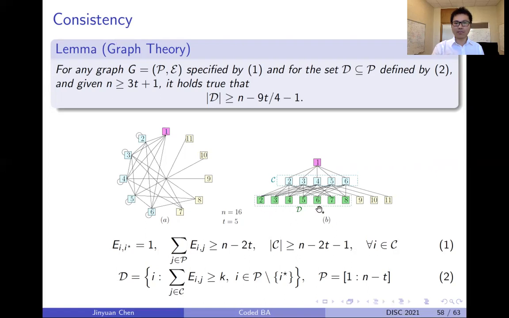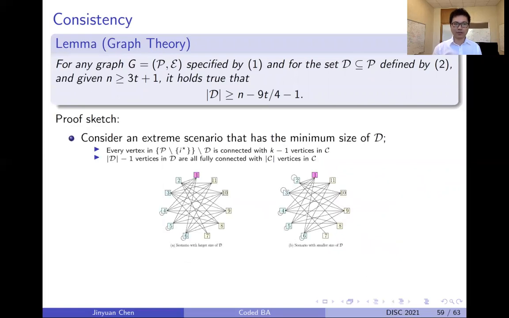And we also have a specific set D, such that each vertex in the set D is connected with at least k vertices in the set C. Given this specific type of graph, we show that the size of the set D is lower bounded by this number.